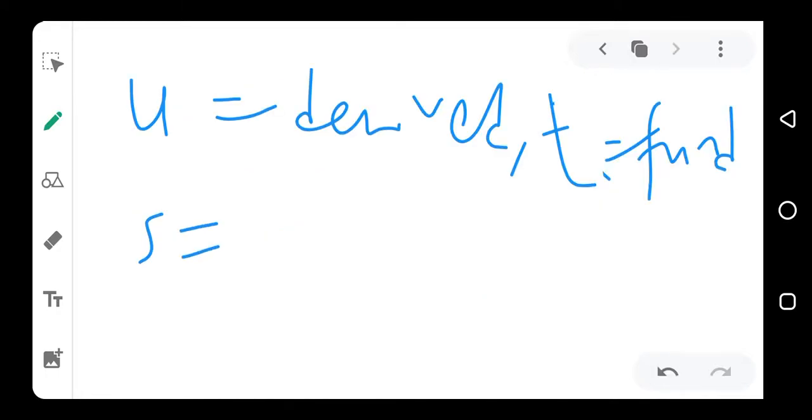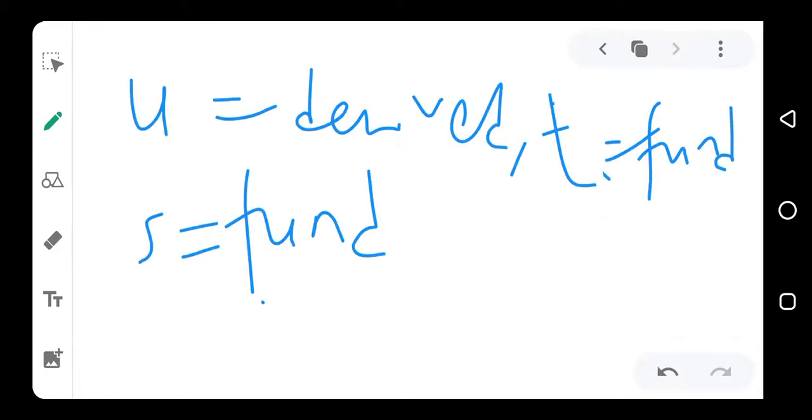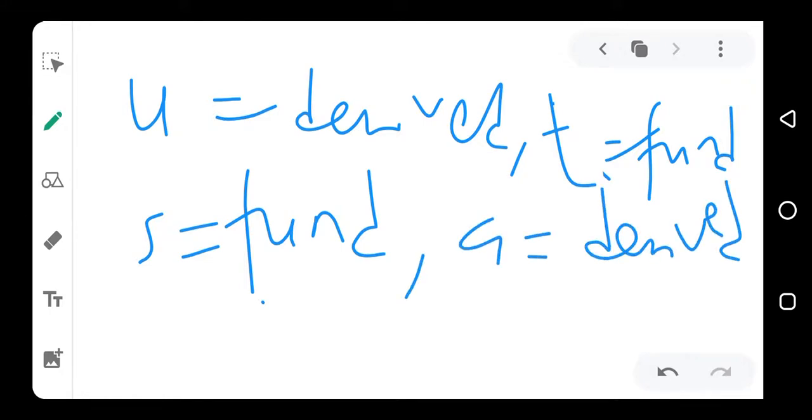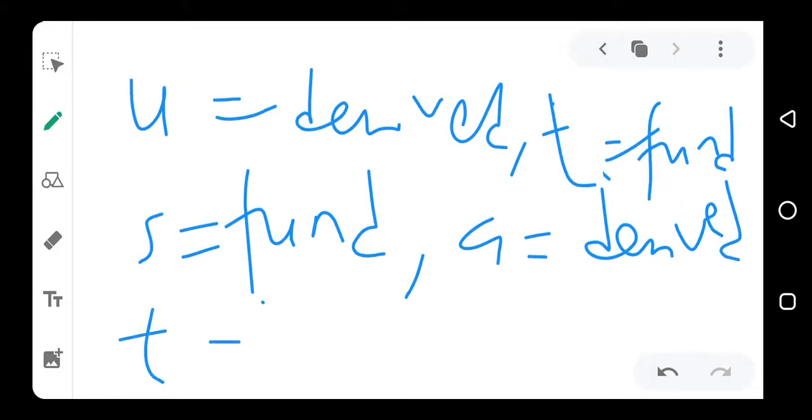And then acceleration is a derived quantity, and T is a fundamental quantity.